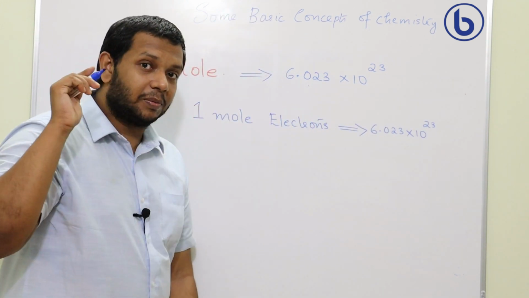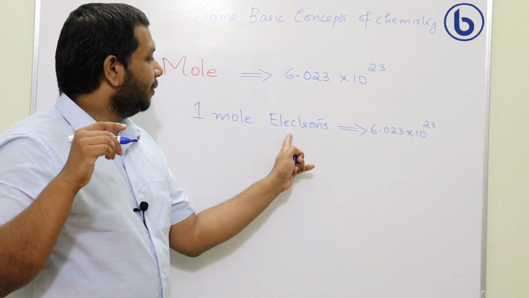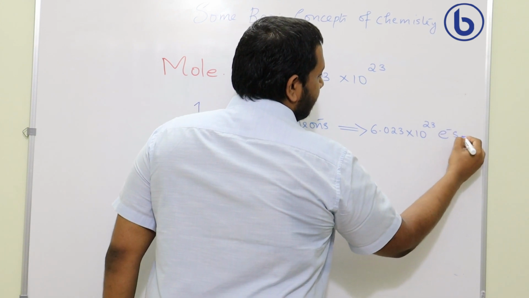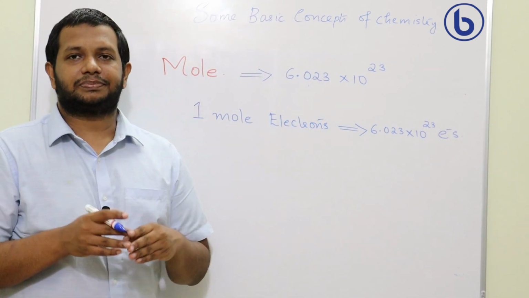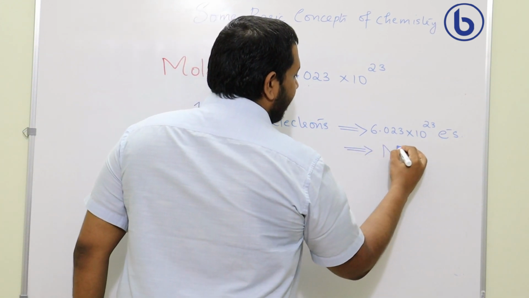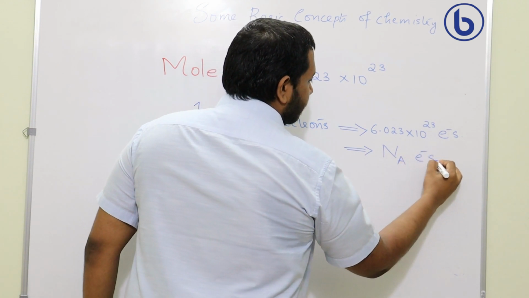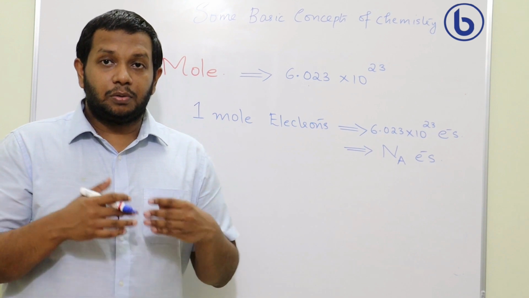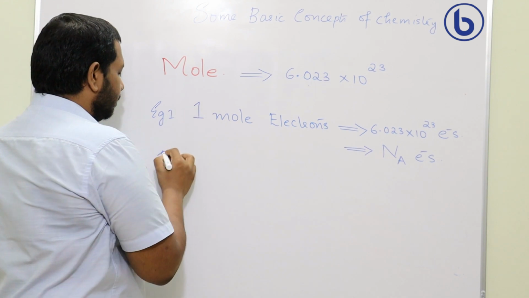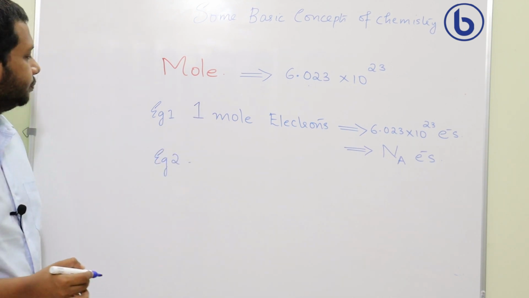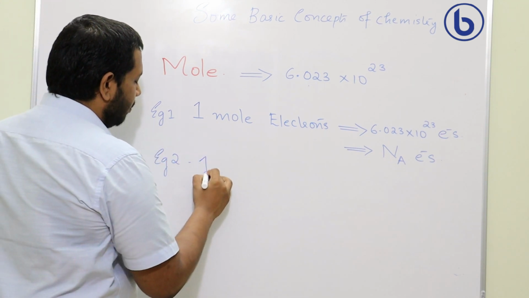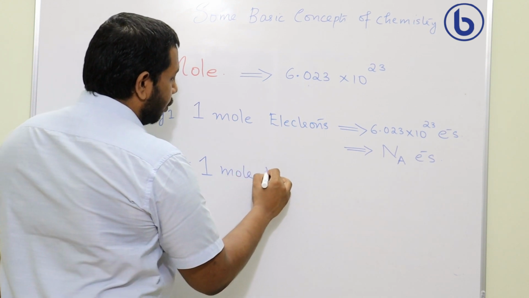No, sure. Please remember the examples of pencils and pens. Now I have electrons with me, so I can write electrons. I can even represent this like this also: Na electrons. Another representation. This is example 1. Now somebody else is giving another example, example 2, like I have 1 mole neutrons.